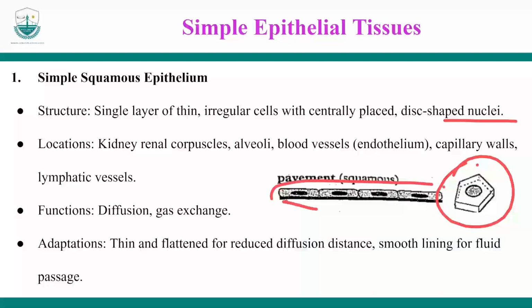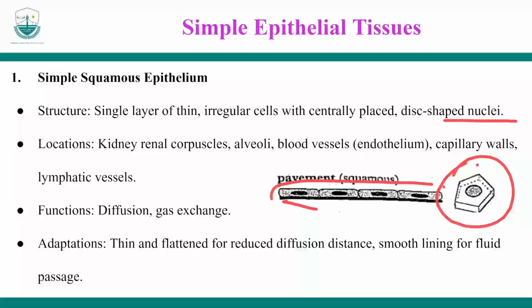If you look at it, you see the cells are very flat. Because they are flat, they are thin, and that means things can easily diffuse across. And because things can easily diffuse, the organs that depend on diffusion to carry out their different functions will definitely have this type of epithelium.